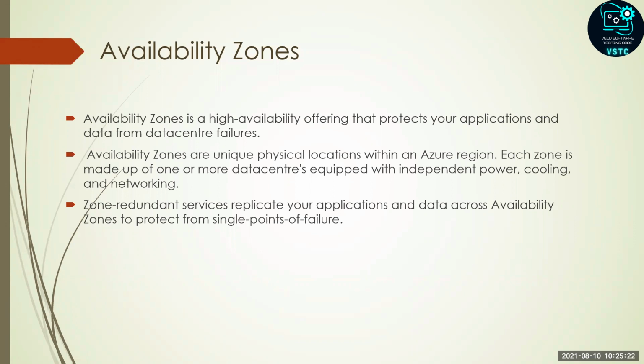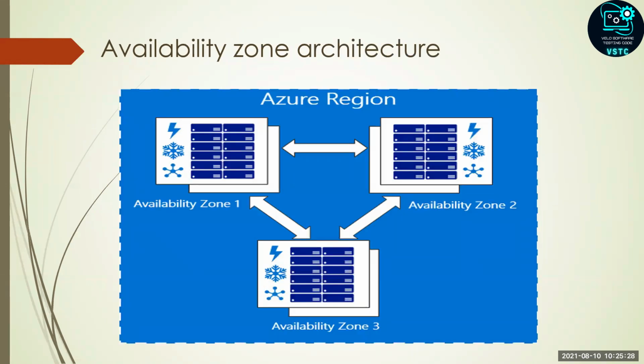So this is also an important interview question, if someone needs to concentrate. This is the availability zone architecture, that's what I explained so far. In an Azure region, we have availability zone 1, 2, 3. Some regions will have only one zone, but most of the regions will have 3 different zones.